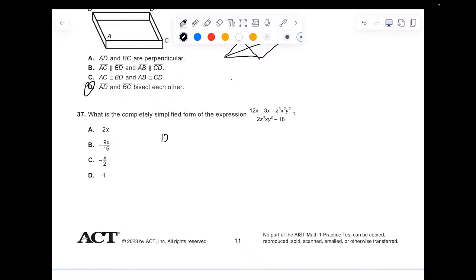We can do 12 minus 3 minus z cubed x y squared. 2z cubed.